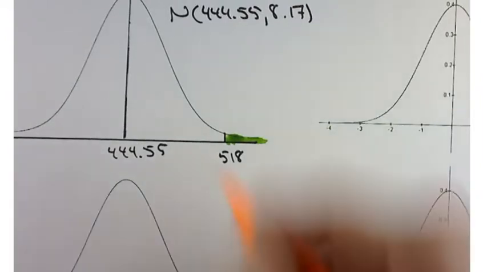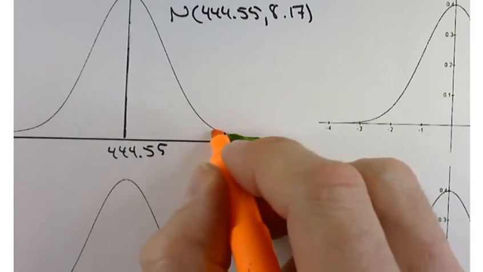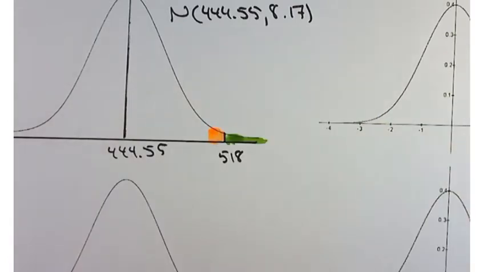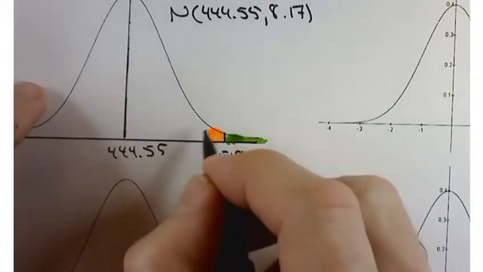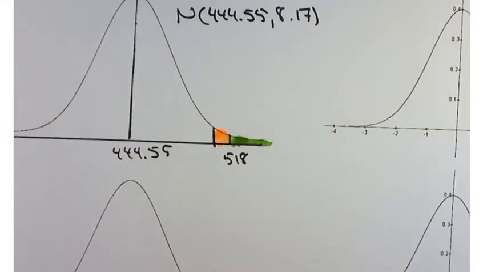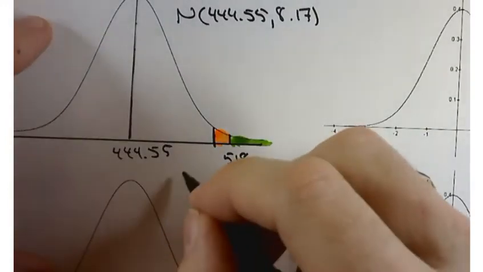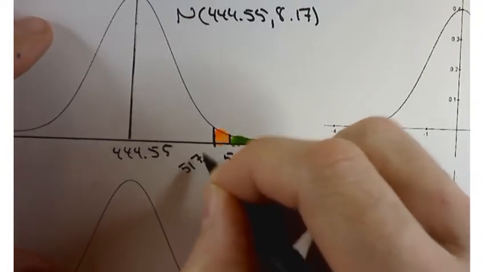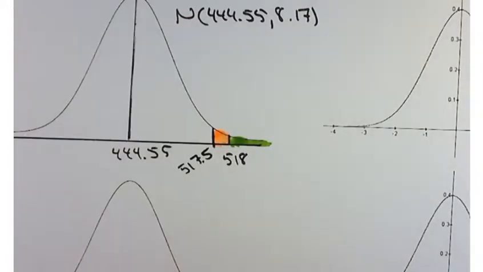And again, this is going to be exaggerated compared to what it should be most likely, but that's all right. So you got to make your area bigger by half. That's the continuity correction. That's the price we pay for using the convenience of a normal curve to approximate a binomial probability. So it'd be 517.5.